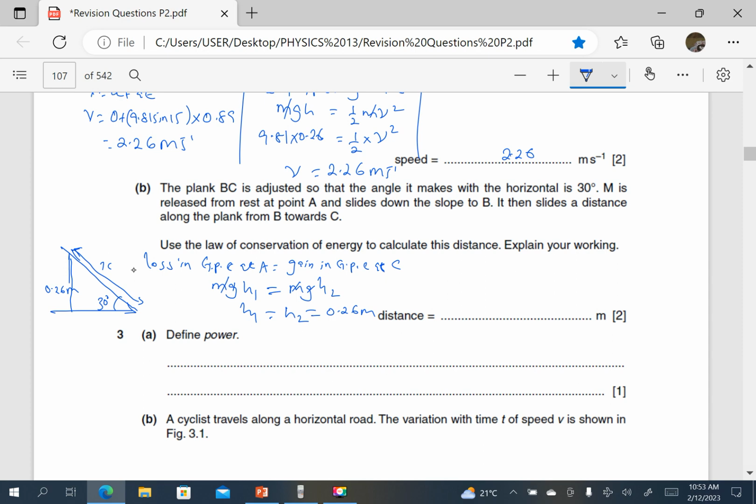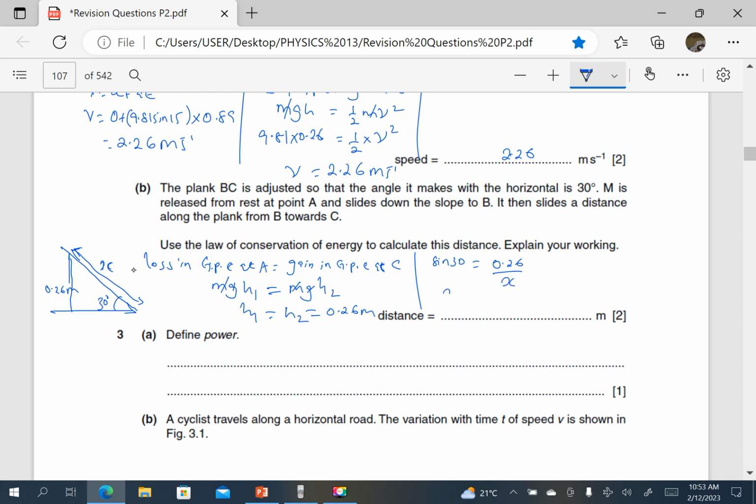So as a mathematician, you will notice that if I want x in the hypotenuse, that is sine. So sine of 30 is equal to the opposite, which is 0.26, divided by the hypotenuse, which is x.